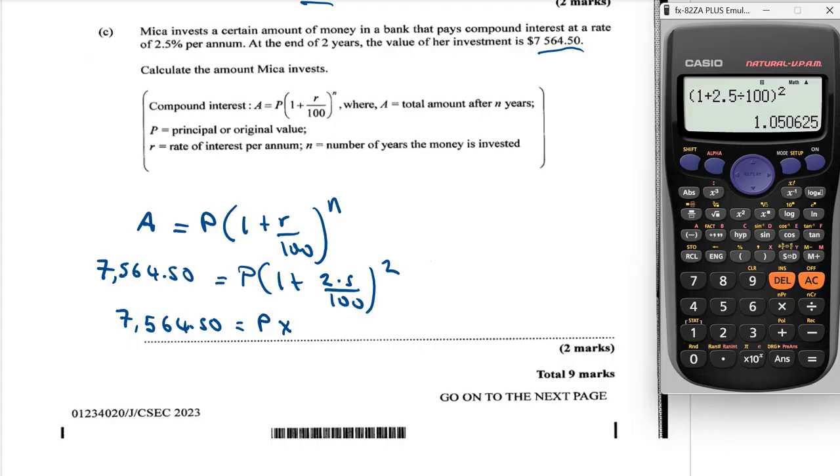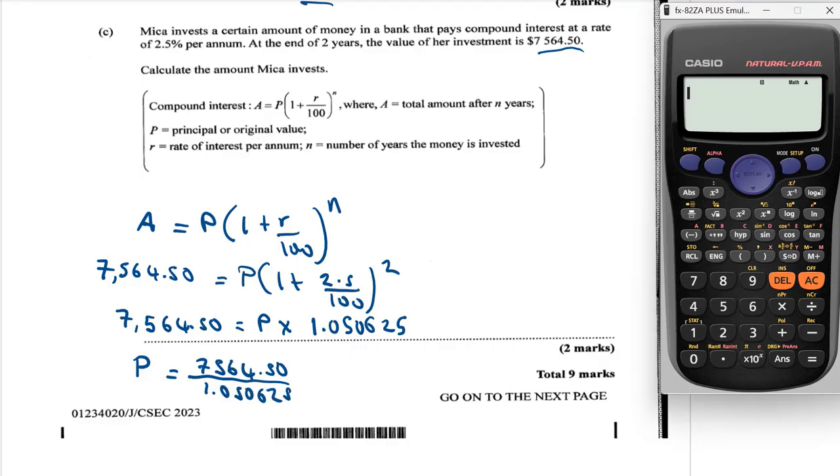And this gives me 1.050625. So I have an equation here with one unknown, and that is P. So in order to find P, we need to divide both sides by 1.050625. So P is equal to $7,564.50 divided by 1.050625. And so let me enter that in my calculator.